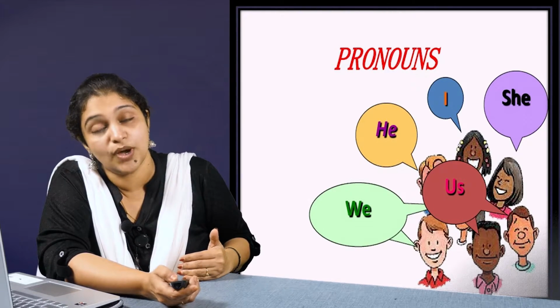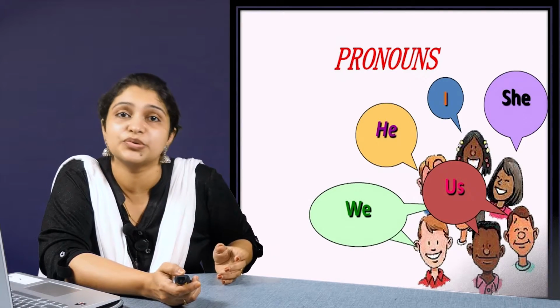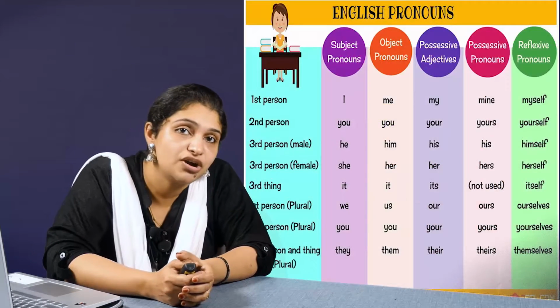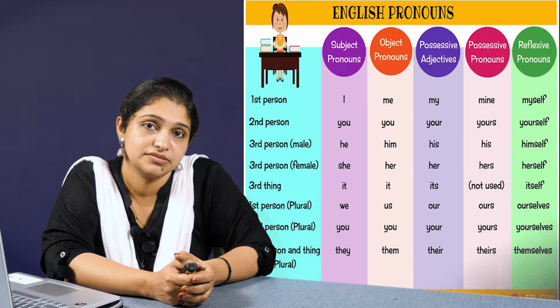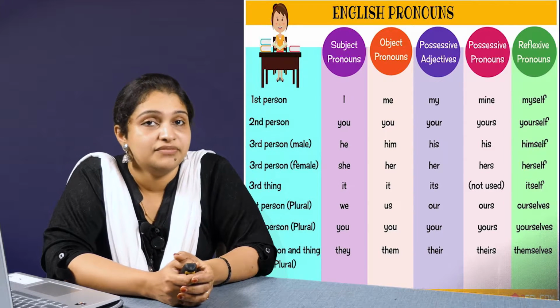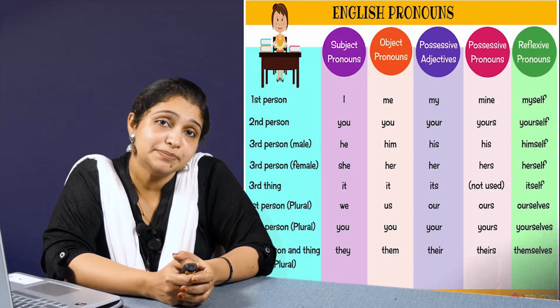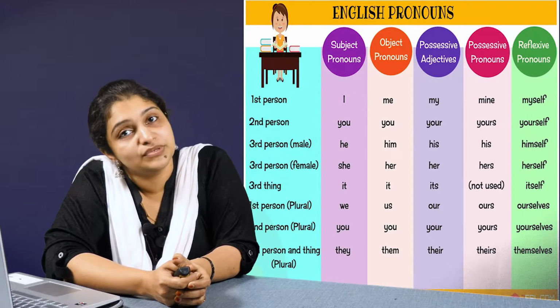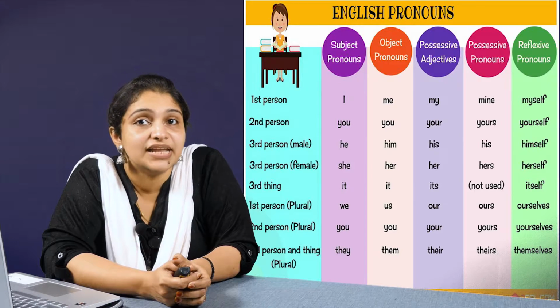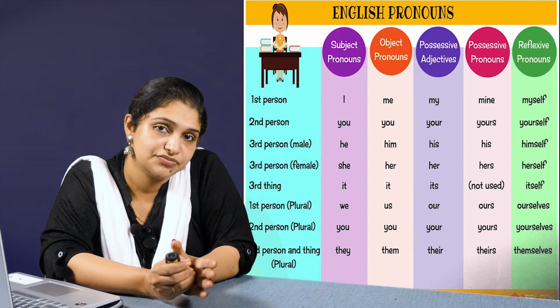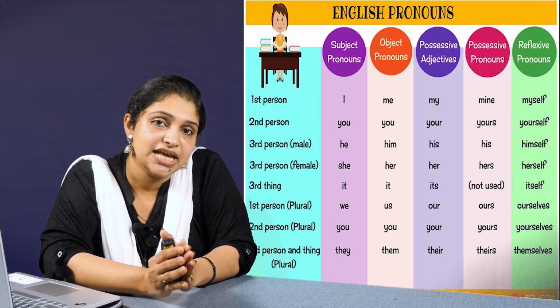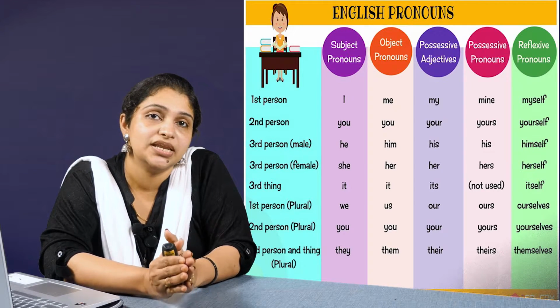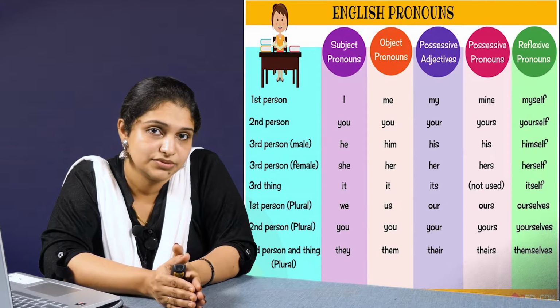And that is the reason why these words are called pronouns. So here is a big chart of the English pronouns. You have categories among them: subject pronouns, object pronouns, possessive pronouns, reflexive pronouns. And you can see the subtle difference between each category of pronouns.